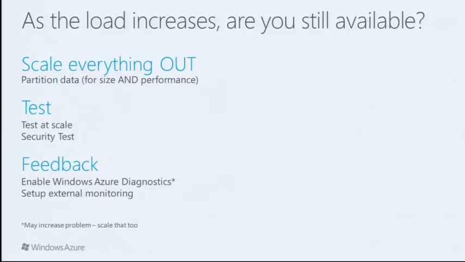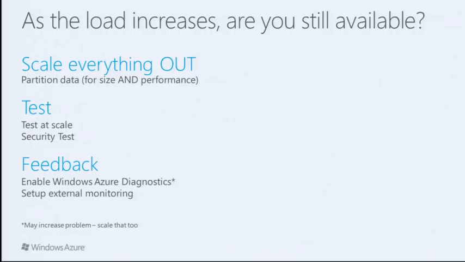So scale out everything. We might want to partition data. We might want to store some users on one database and other users on another database. We might also want to just make copies of the database. If we are in a very read-intensive environment, then it's a great strategy to copy out the databases. Another thing to think about is how you actually create the database and what data goes in a single database.